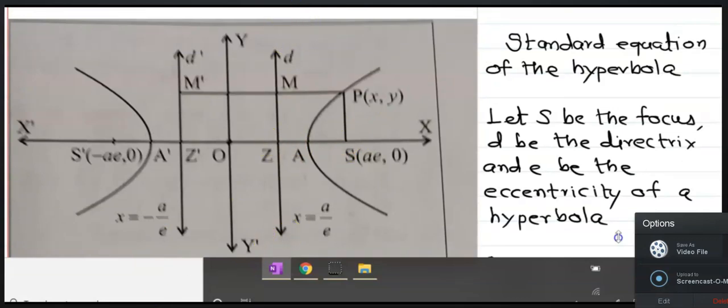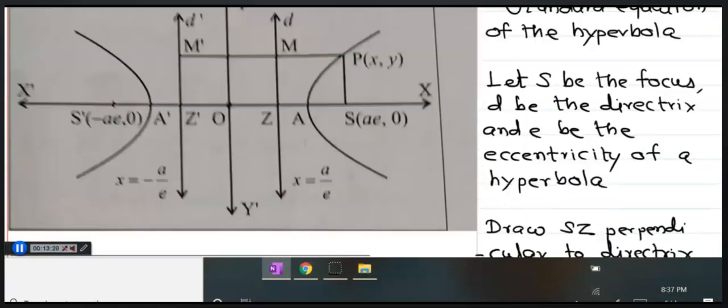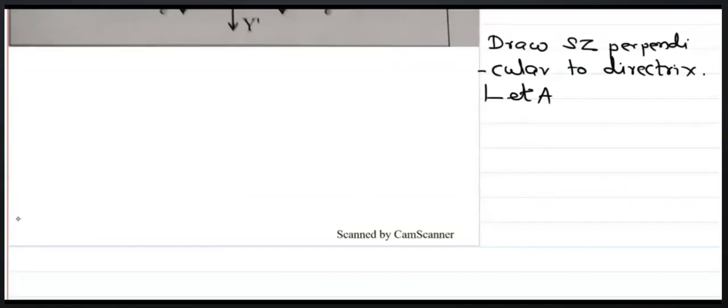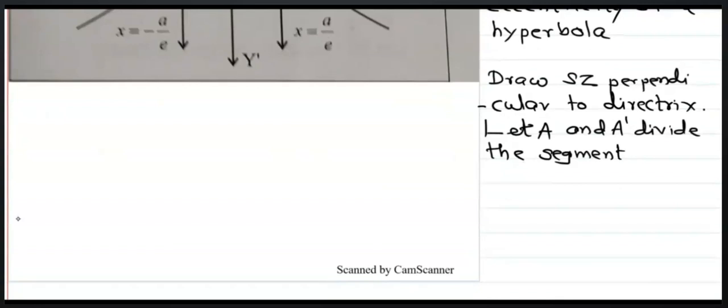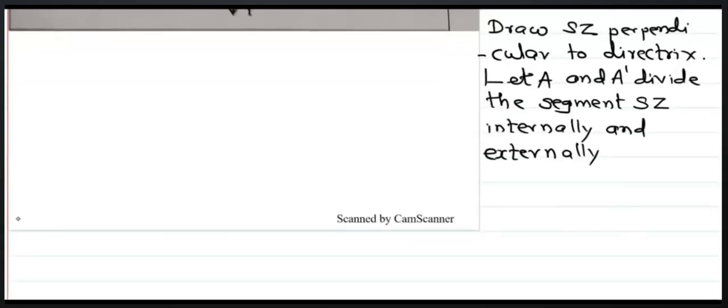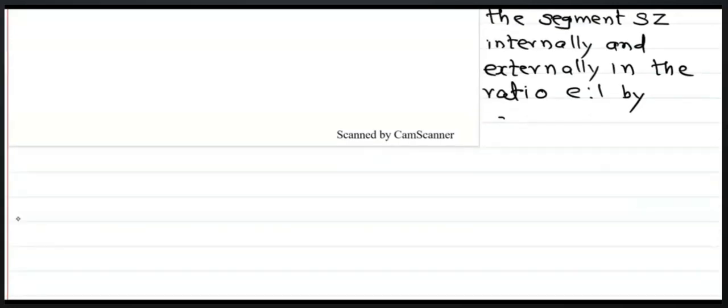This is the directrix. Next, let A and A dash divide the segment SZ internally and externally in the ratio e:1.